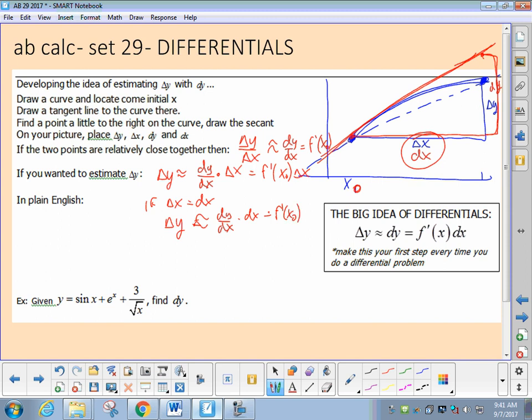And instead of that delta x, I'm going to call that dx. That's where then this, with a little whoosh, whoosh, comes from. Delta y is approximately equal to dy, which is f prime at some initial point dx.